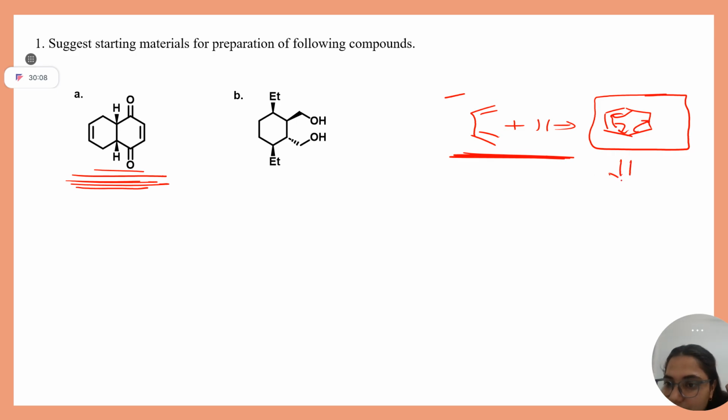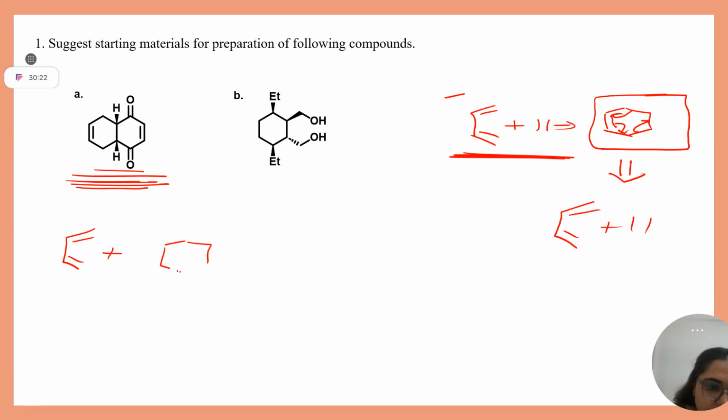If you draw the retrosynthesis, you will come across this. So how can you design this molecule? You can use this diene, and the dienophile is benzoquinone. Yes or no?